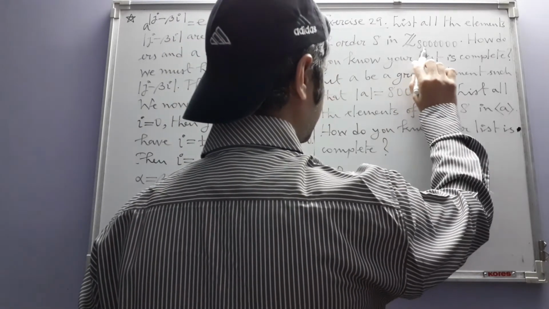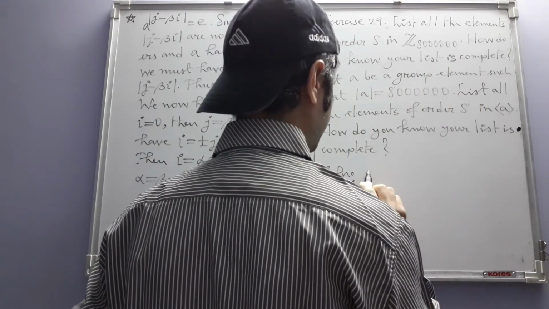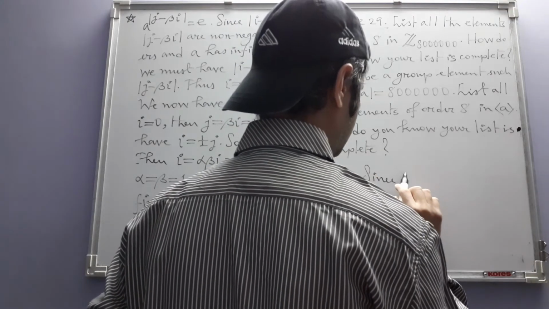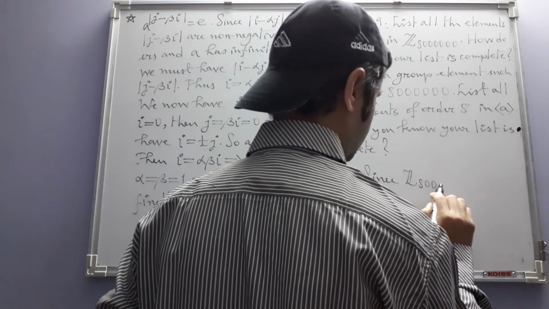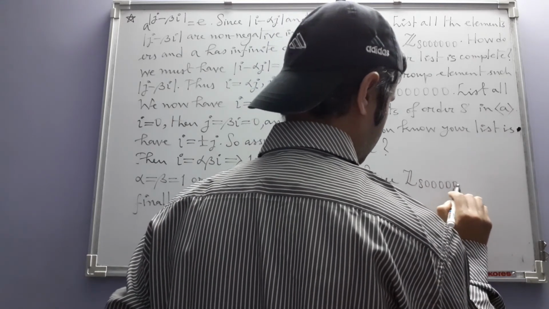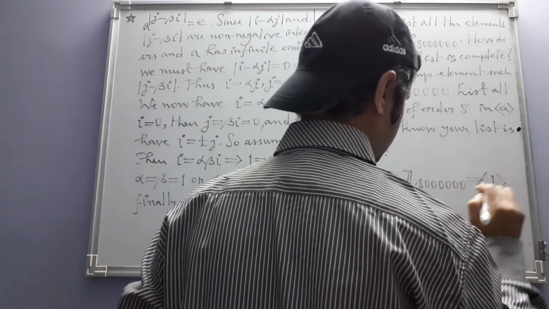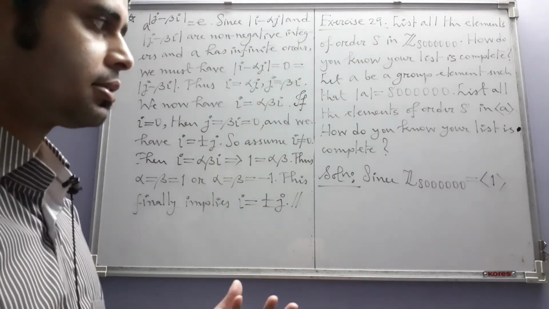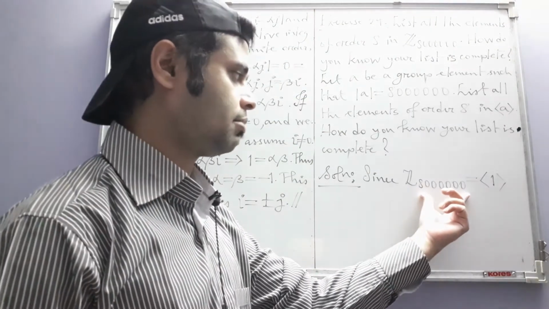Don't think that its generator is this. Since this is equal to 1, you should understand that the operation is addition modulo this number.